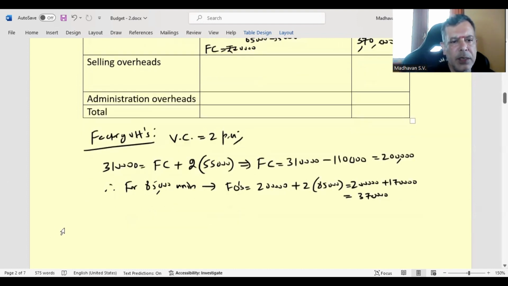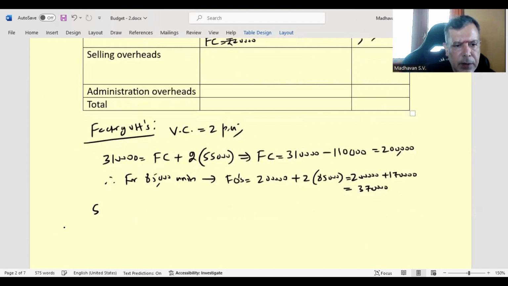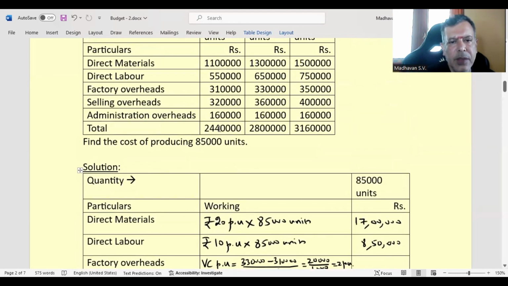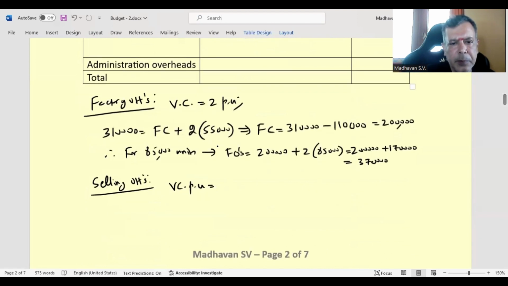Similarly, selling overheads, let us understand. Variable cost per unit will be change in the cost, that is 3 lakh 60,000 minus 3 lakh 20,000, divided by change in the quantity, which is 65,000 minus 55,000.